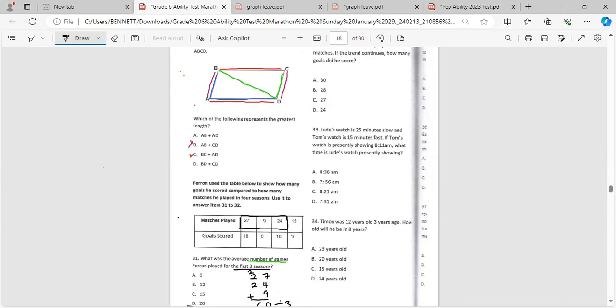Thanks, Aquila. Put the number beside it, all right? Don't just put the answer, but put the question number beside it.